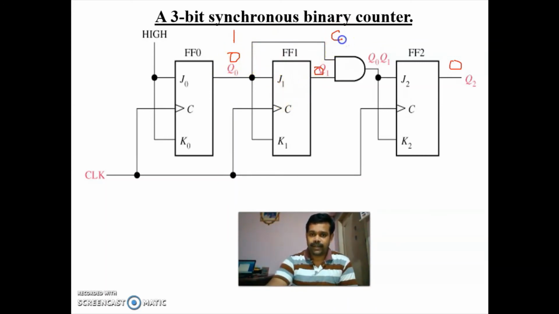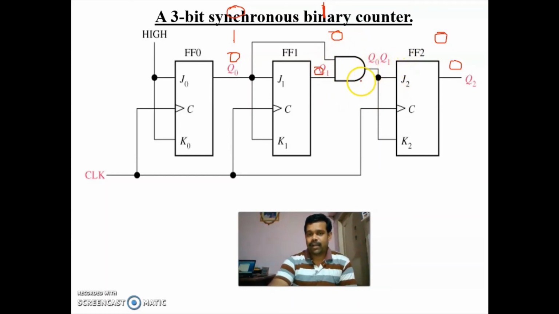Here it is 0, and here also you are having 0, so the input to this flip flop is 0 and it will not toggle. During the second clock pulse, this 1 will change to 0. At that time the input to this flip flop is 1, so this 0 will change to 1.